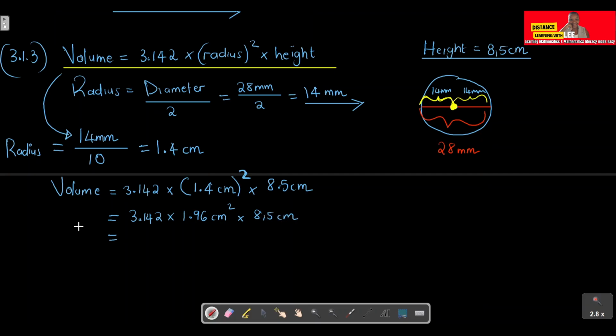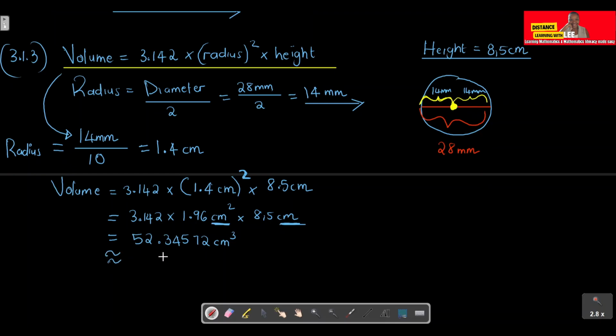If you punch that into your calculator, you will see that the volume of the glue is equal to 52.34572 centimeters cubed, because we got centimeters squared multiplied by centimeters, therefore it's centimeters cubed.